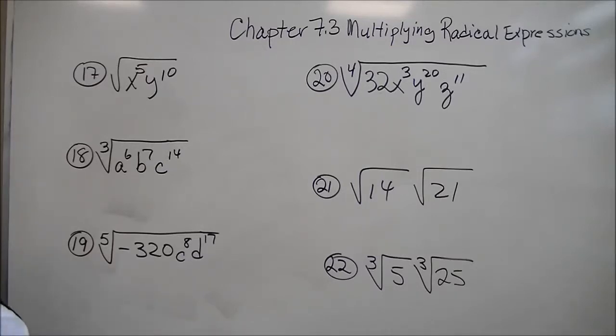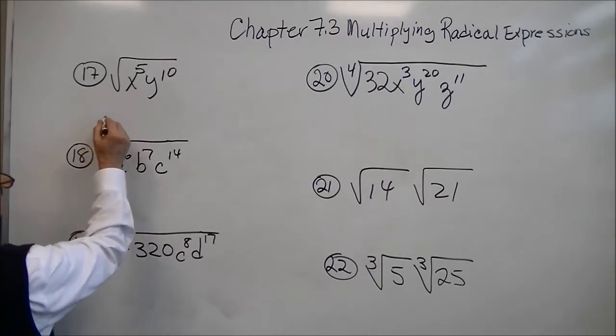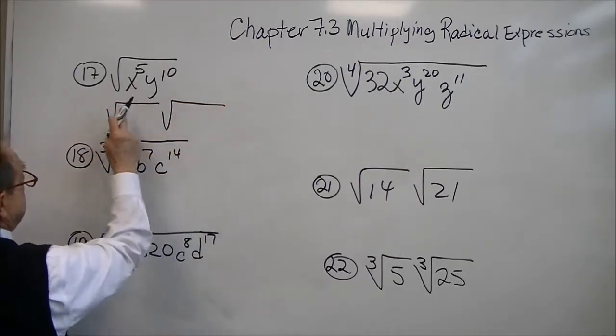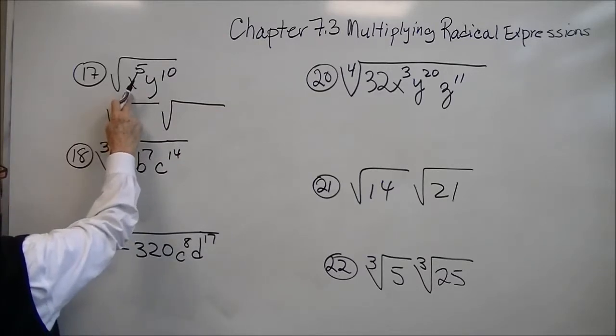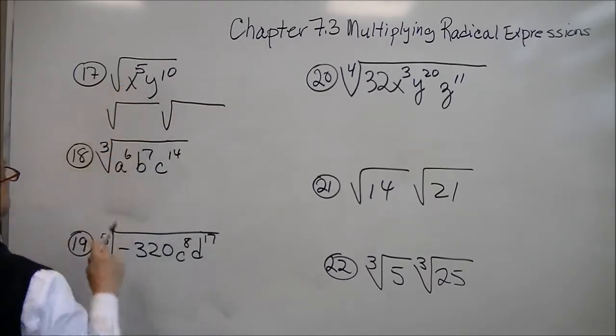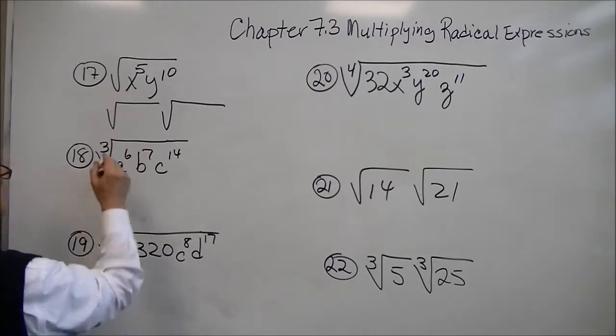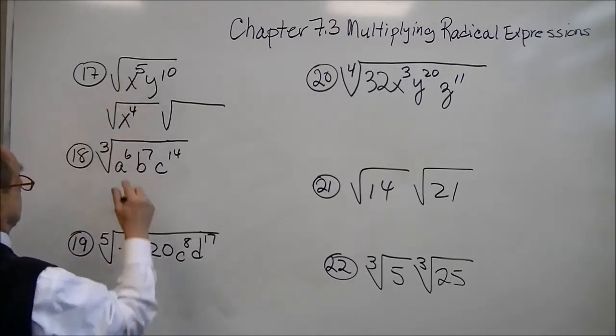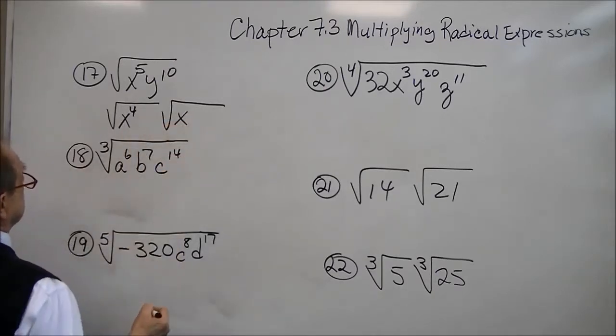Well, okay. Again, that same strategy. Under one radical sign, another. Is there a perfect square factor of x to the 5th? Yes. x to the 4th. Anything even. And one left over there.